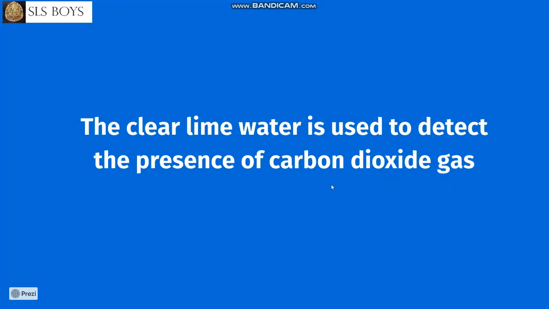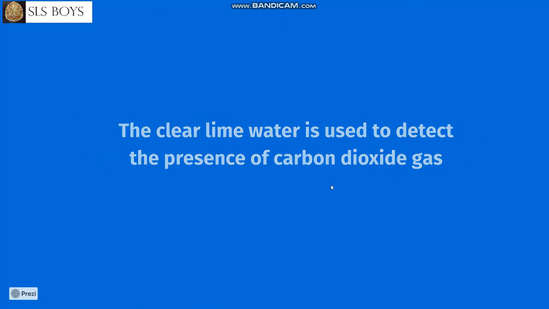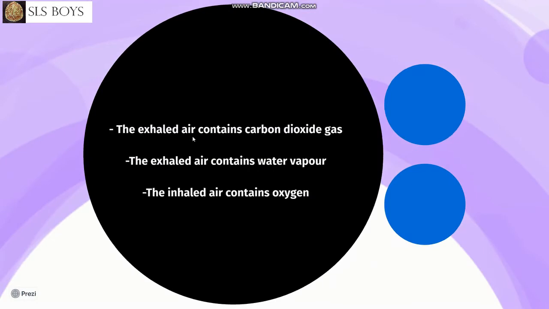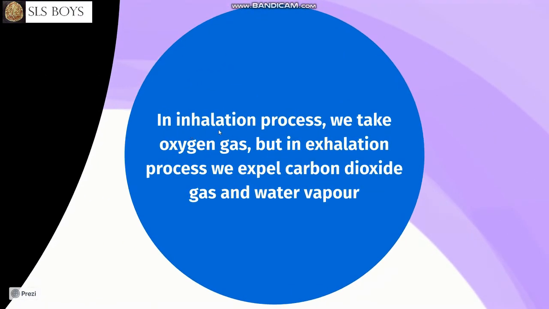This is how we knew that the carbon dioxide gas came out of our nose. So repeating what we concluded, the inhalation process takes in oxygen gas, but in the exhalation process we expel carbon dioxide gas and water vapor.